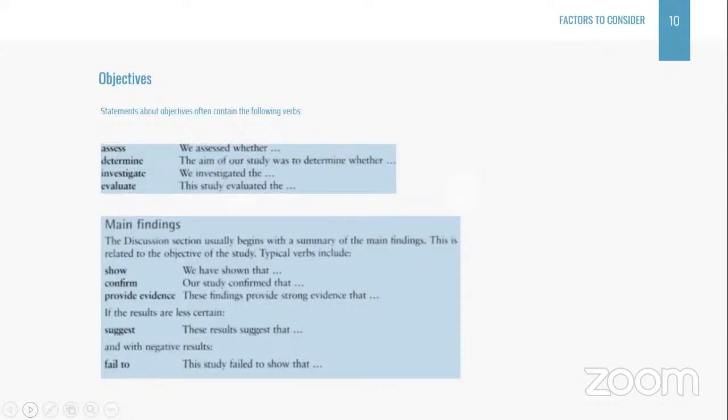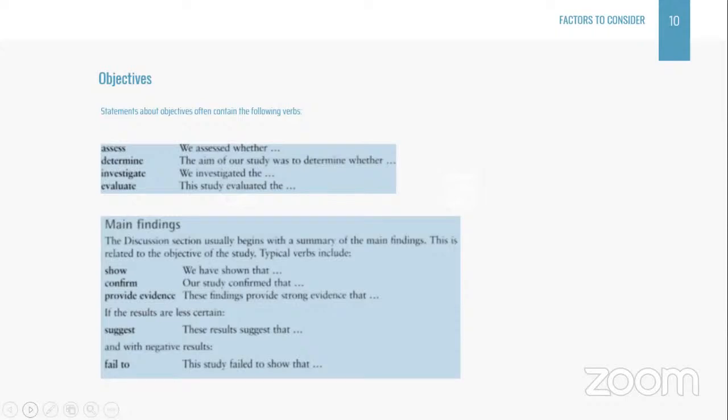Yes, teacher. Objectives. Statements about objectives often contain the following verbs. Assess: we assess whether. Determine: the aim of our study was to determine whether. Investigate: we investigate. Evaluate: this study evaluates the main findings. The discussion section usually begins with a summary of the main findings.